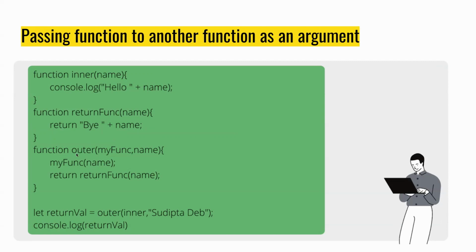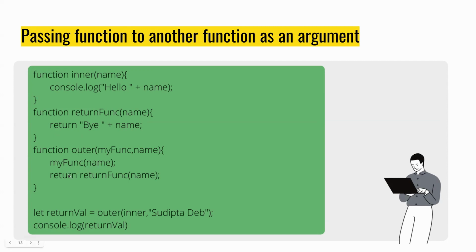And here I have an outer function, where this is the first parameter, and this is the second parameter. But now look at the beauty. I'm using the first parameter, and the first parameter is a function, because I'm calling the function by passing this name as an argument.